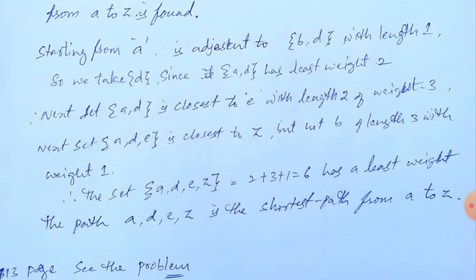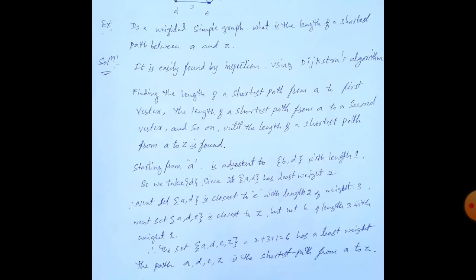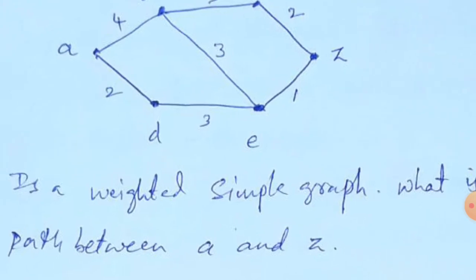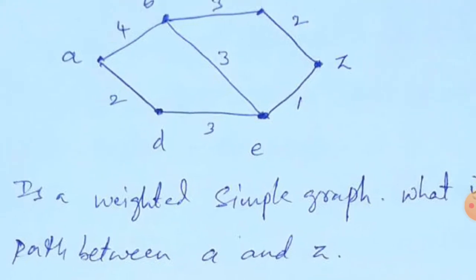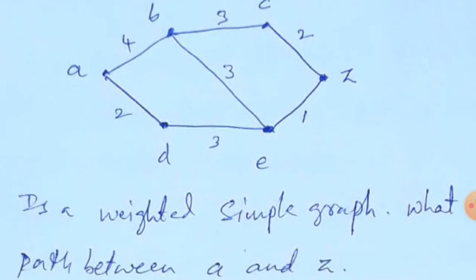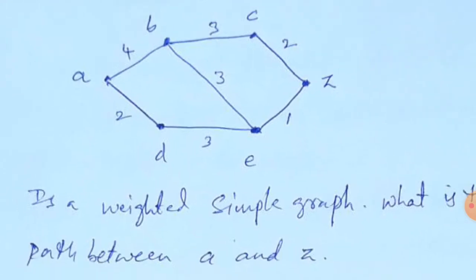So the remaining vertices we are not going to. Observe at E, from E we cannot go to B directly, we have to go to Z, because Z is the shortest.